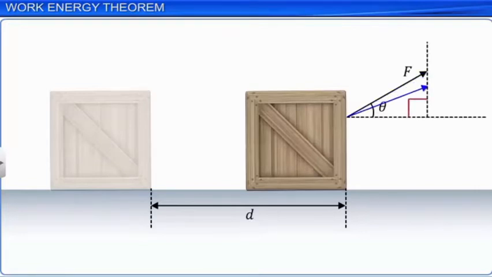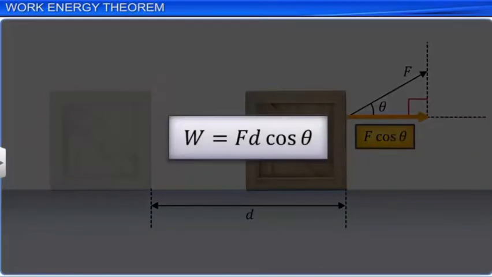Only the component of the applied force along the direction of the displacement is responsible for the motion of the block. This component is F cos theta. Thus, here, the work done on the block by the force is the product of F cos theta and displacement.